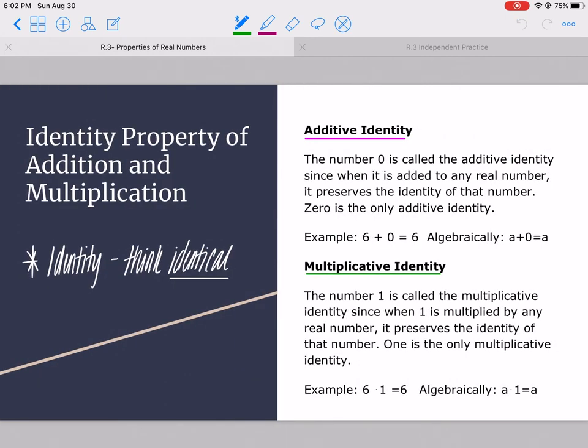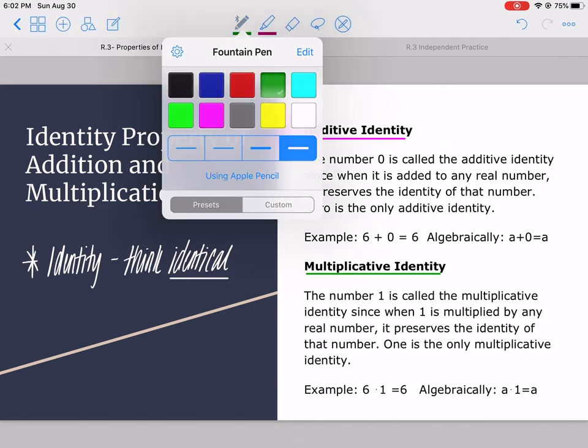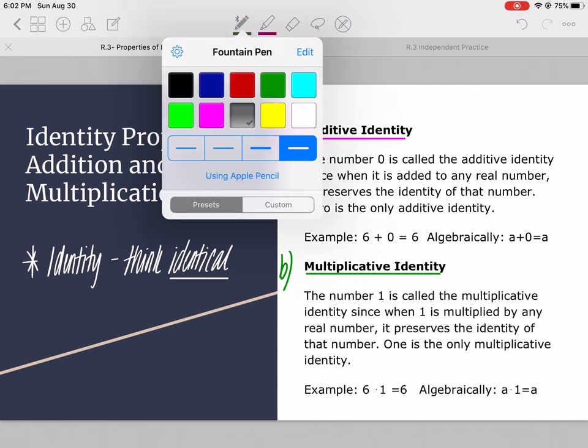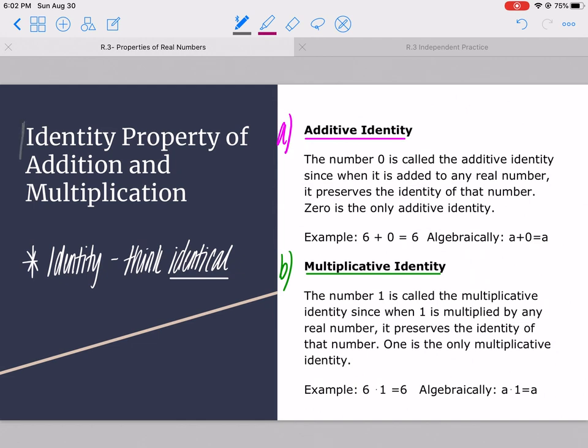Okay, identity property. So the additive identity, or the identity property of addition, is the first one. And then we have the multiplicative identity, or you could call it the identity property of multiplication, either one, okay? When you think of the word identity, I want you to think identical. That's what's going to help you remember this.